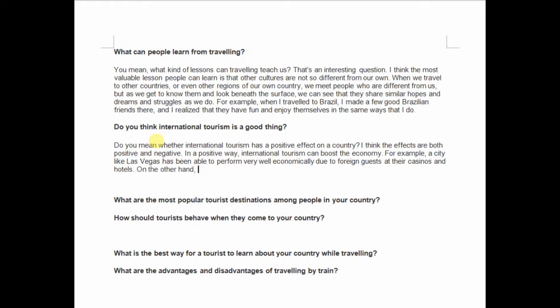On the other hand, what would be the negative part of international tourism? International tourism can have cultural effects that are not so positive.